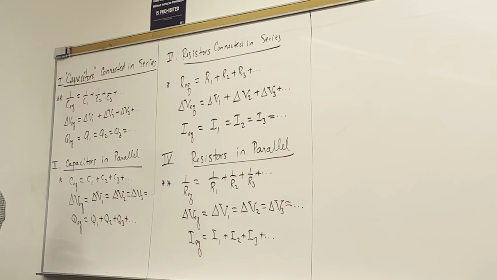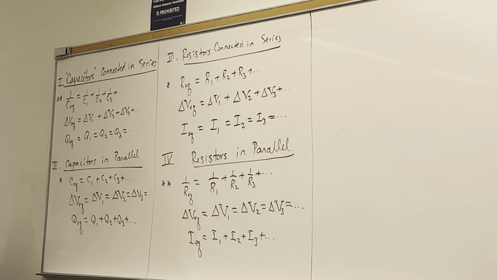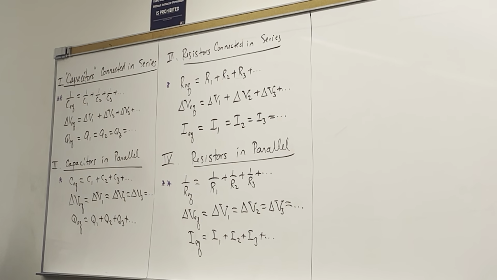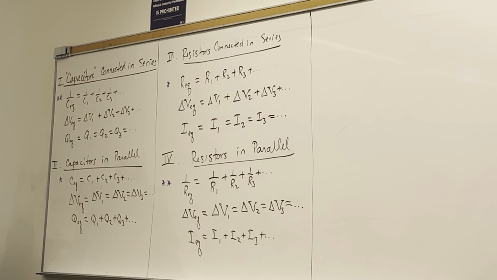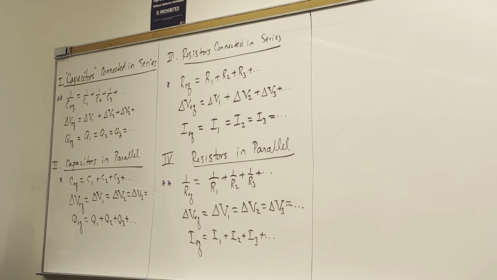So now what I would like to do is discuss a particular circuit. That's what we have over here. In chapter 25, I think at the end, we talk about power, and energy.